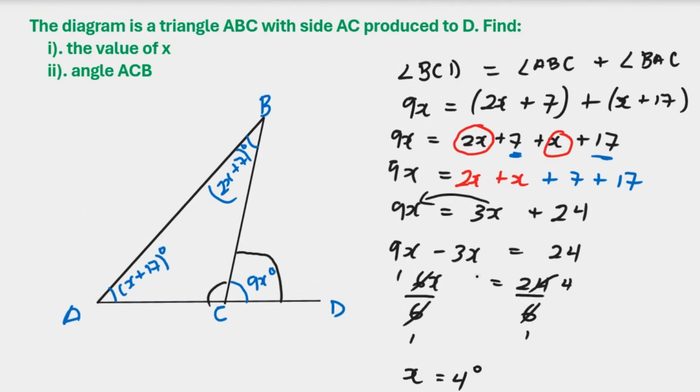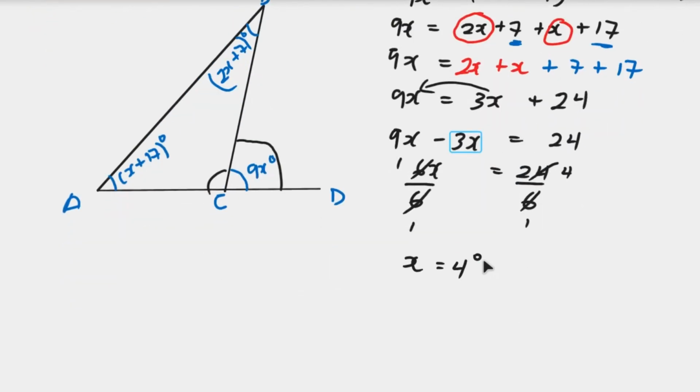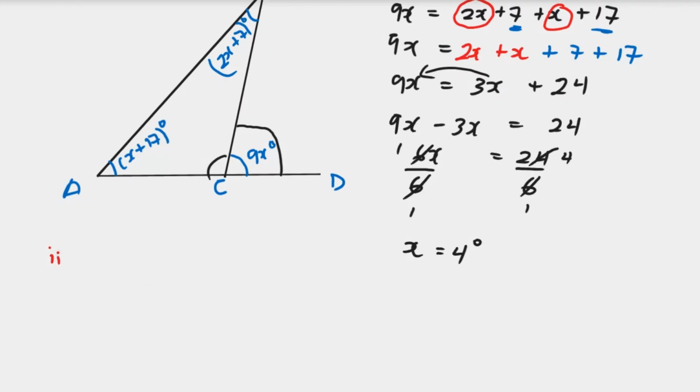So we have to find angle ACB. So let me work that one here. So in the next question, that is II, we have to find angle ACB. This is angle ACB. This is the angle. So we can say that angle ACB and that of this angle, they are angles in a straight line.